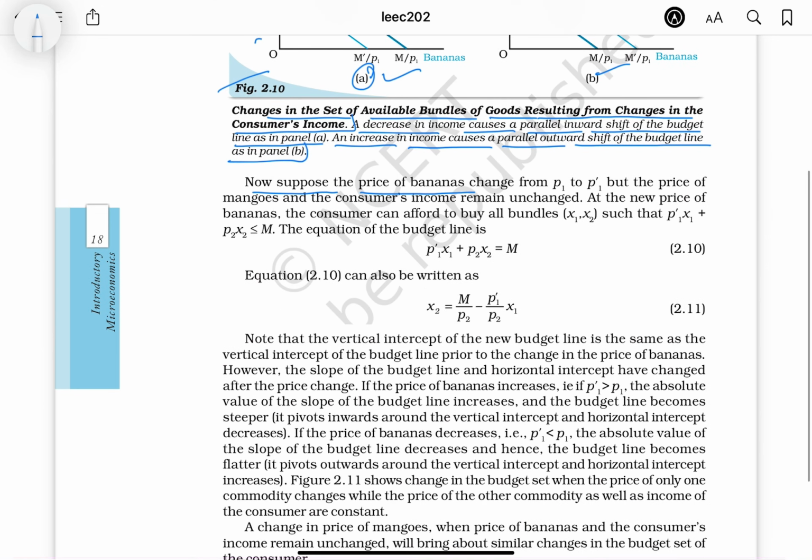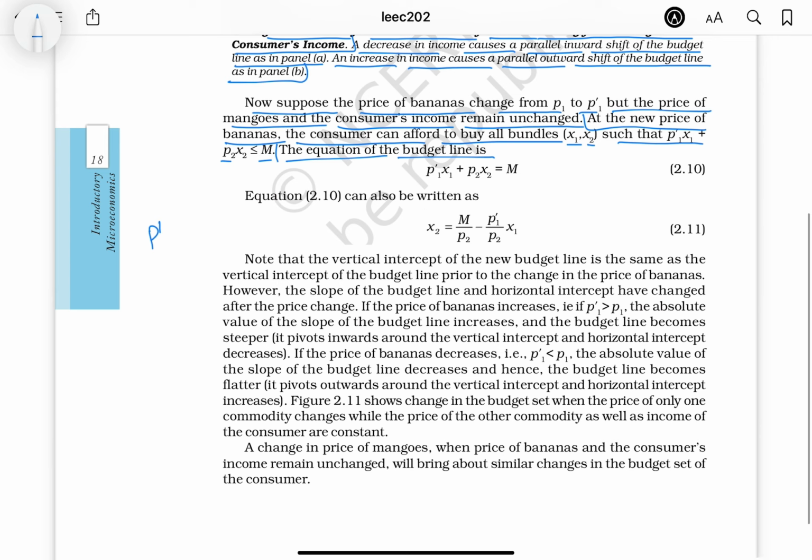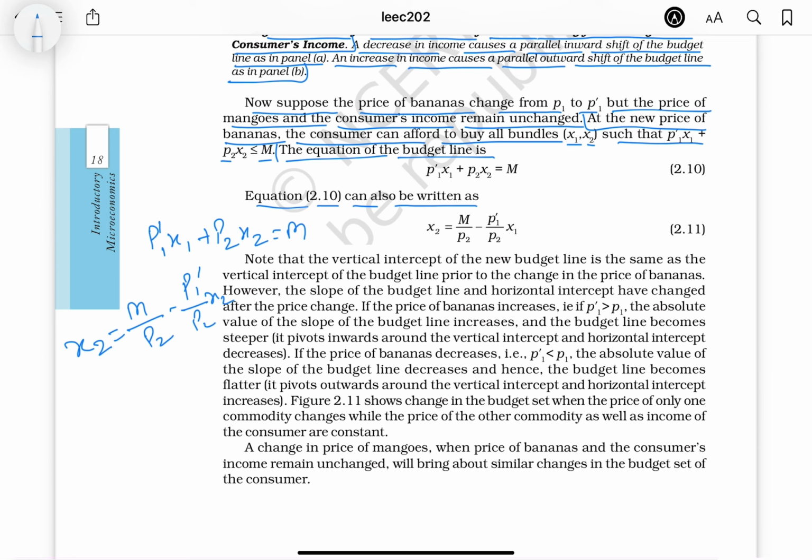Now suppose the price of bananas changes from p1 to p1 dash, but the price of mangoes and the consumer's income remain unchanged. At the new price of bananas, the consumer can afford to buy all bundles (x1, x2) such that p1 dash x1 plus p2 x2 is smaller than or equal to M. The equation of the budget line is p1 dash x1 plus p2 x2 is equal to M. Equation 2.10 can also be written as x2 is equal to M divided by p2 minus p1 dash by p2 x1.